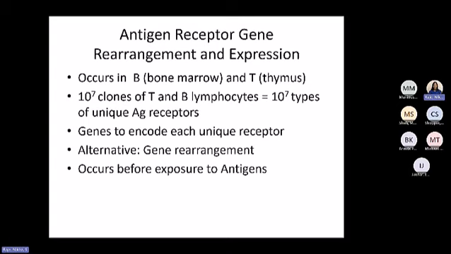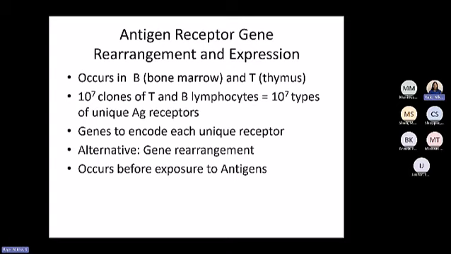So the alternative theory was that the gene segments in T and B cells can undergo gene rearrangement so that they can give rise to a lot of diversity. And now we know that that's true.